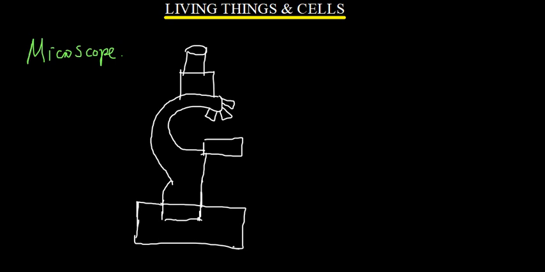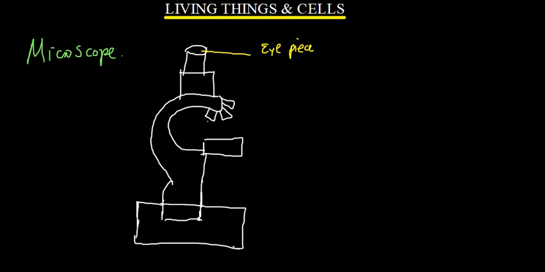So the parts of a microscope which are important, the first one you are going to have on top here, is where you place your eyes. We call that the eyepiece. The eyepiece contains a magnifying glass, a glass that will make things appear big.